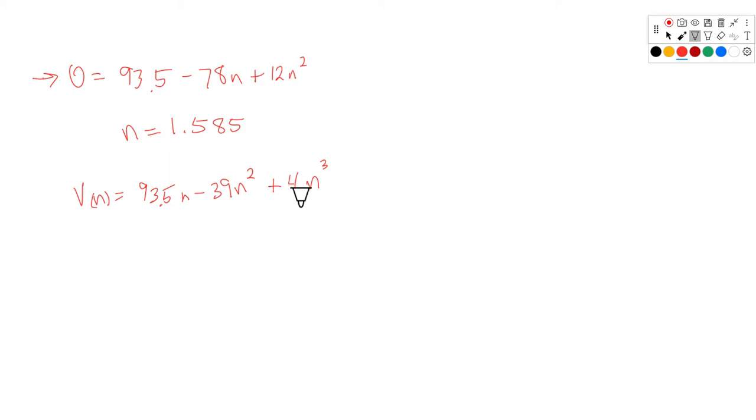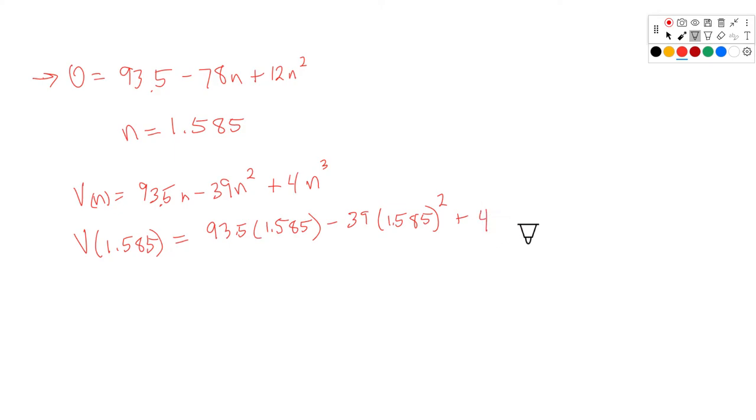Okay. And to test out what we get, we would plug 1.585 back into the original function, the thing before the derivative.